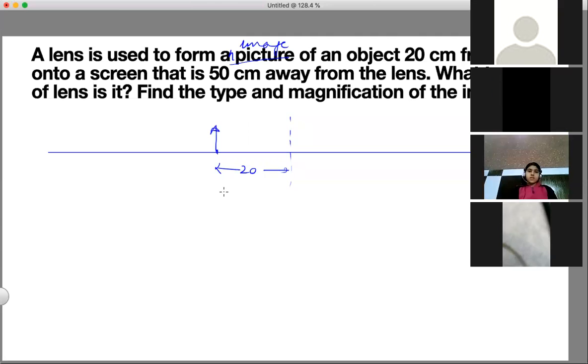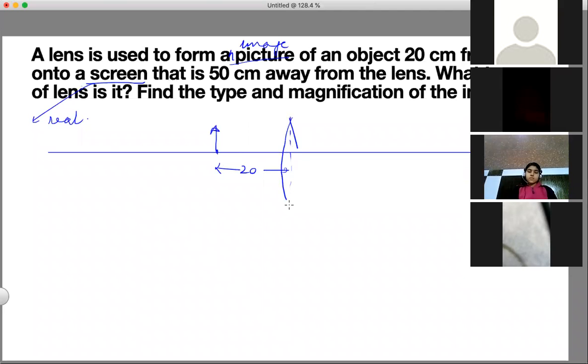Sir, I think concave lens, convex lens. Why? Because sir, convex? Only real images can be formed on the screen, and concave lens can't form a real image. Very good. Very, very good. Okay. So the information given here is that the image is formed on a screen. It means it is a real image, and only convex lenses form real image.